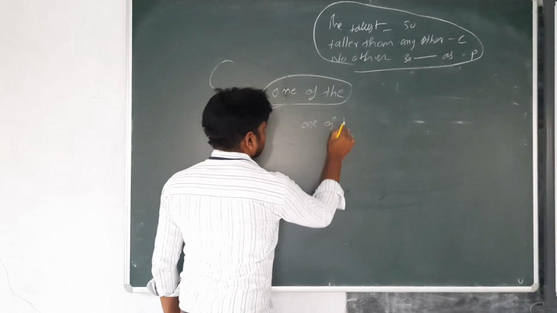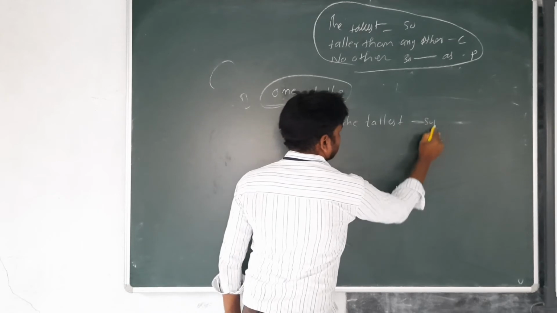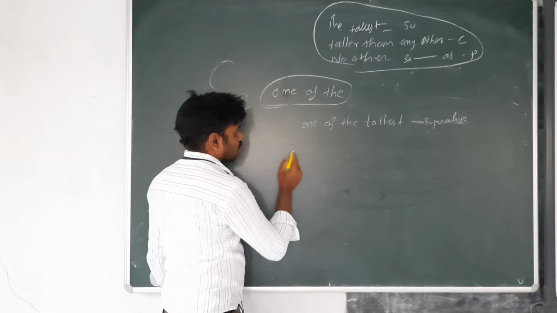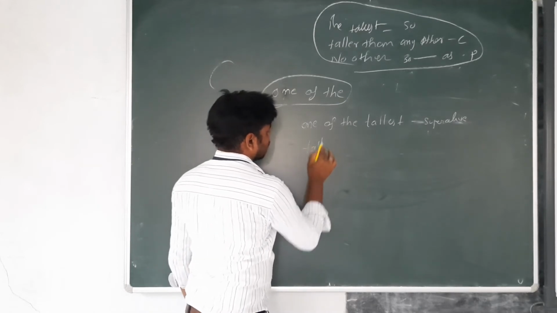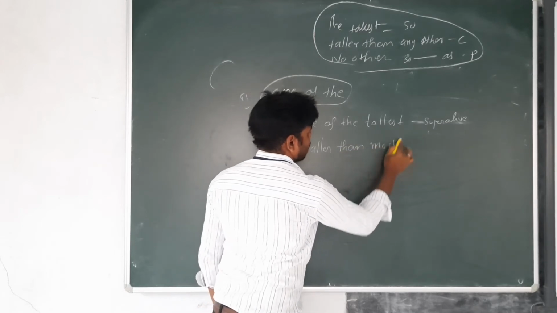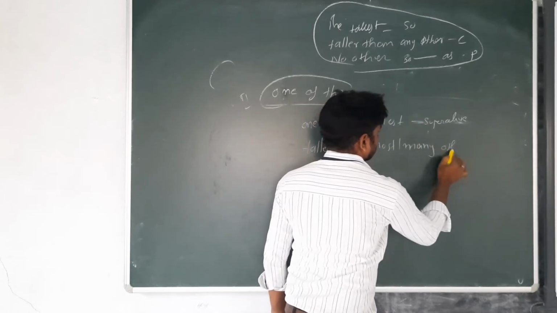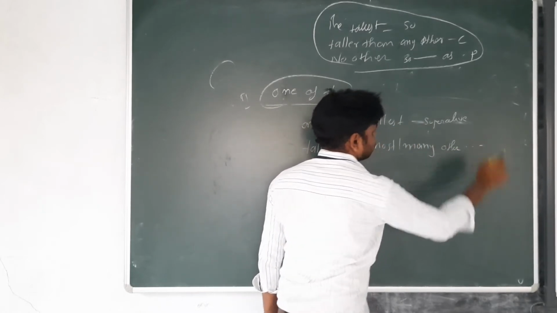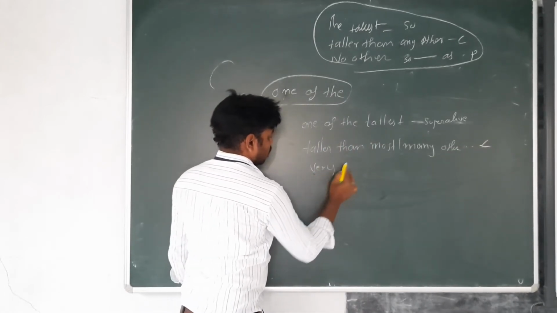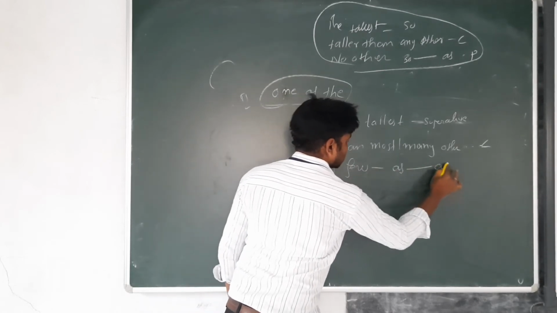One of the tallest, this is the superlative degree. Second one, taller than most or many other, this is the comparative. Next one, very few, as dash as, this is a positive.